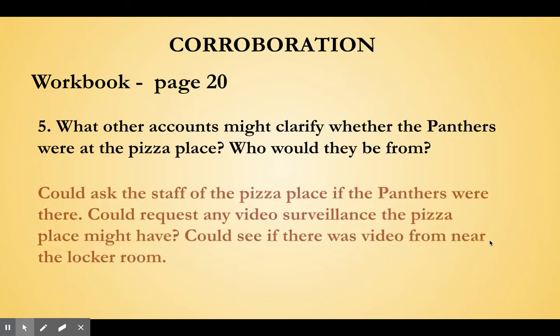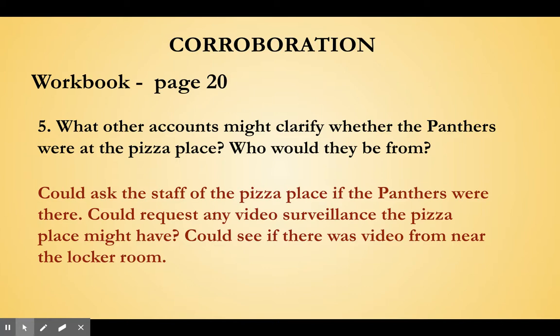All right, my friends, these are some of the ideas I came up with. Just because you don't have them doesn't mean yours are wrong. In fact, it probably just means I forgot. Okay, I said you could ask the staff of the pizza place if the Panthers were actually there. You could ask the owner if there's any video surveillance, any cameras inside that could show whether or not the Panthers were there.